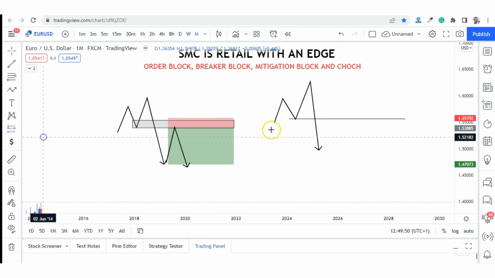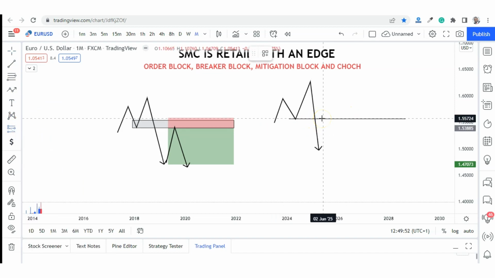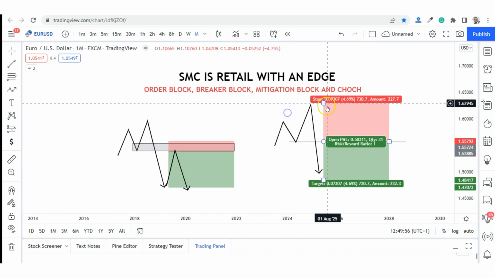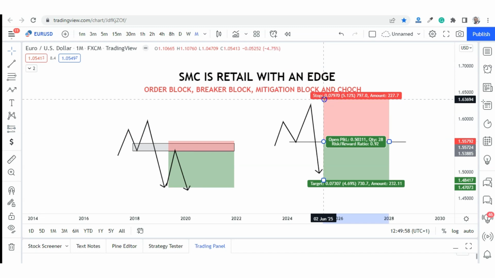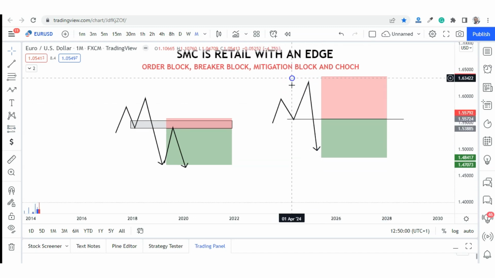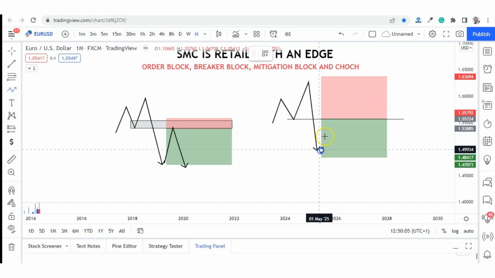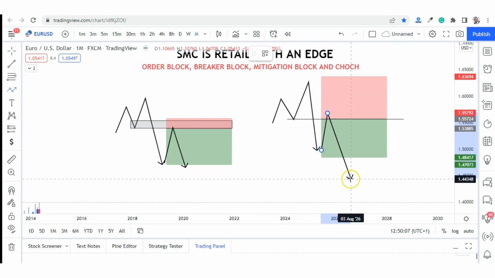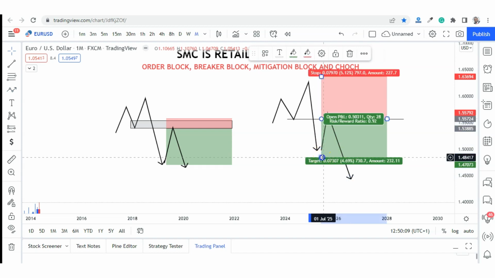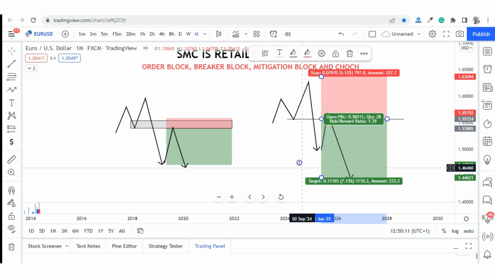With the retail logic, they simply place their entry here, stop loss above this high, and then when price comes back here, this is where they intend to take their trade, and they aim for probably another form of support.